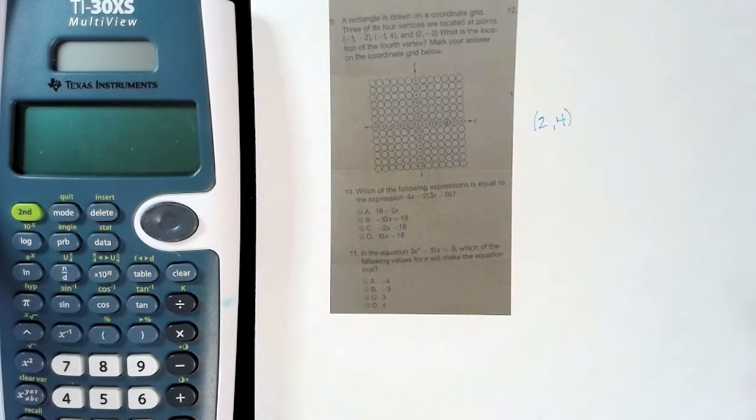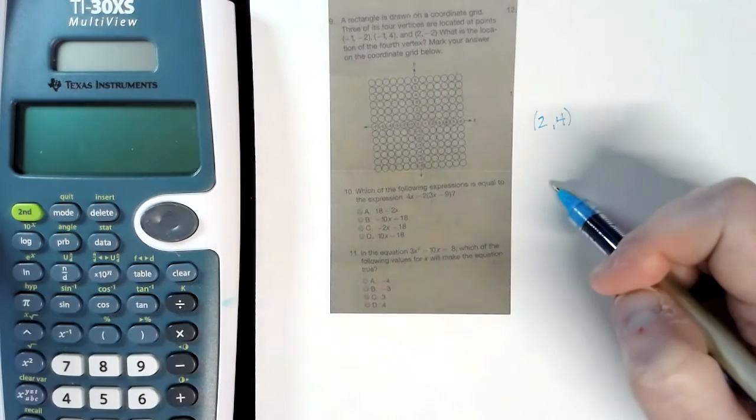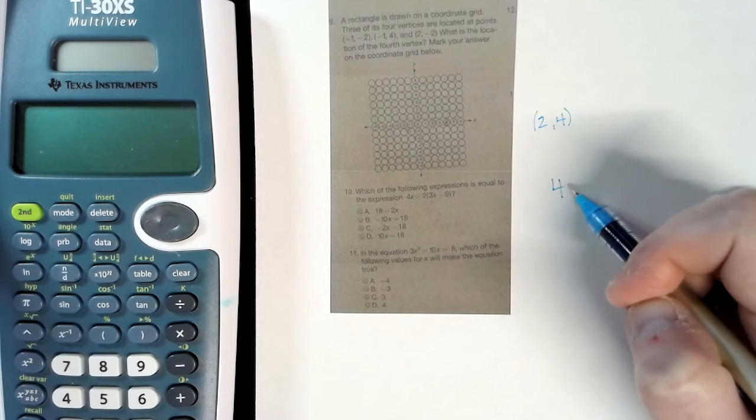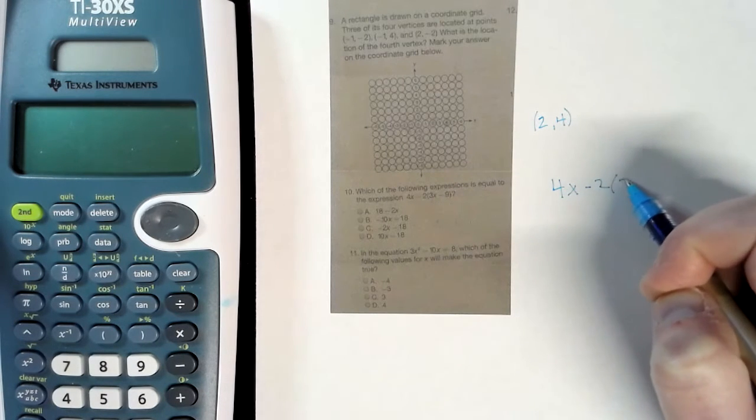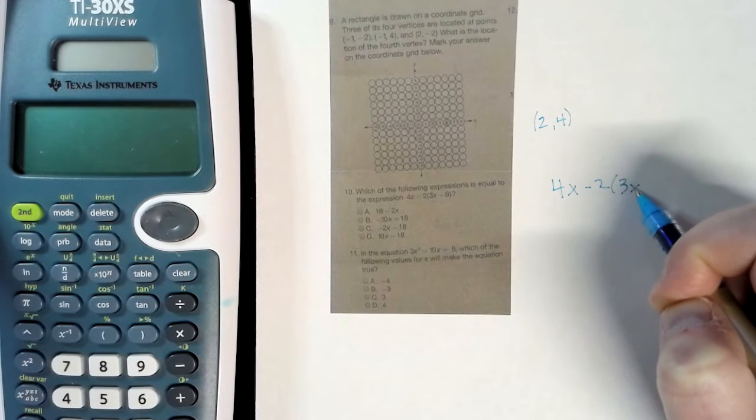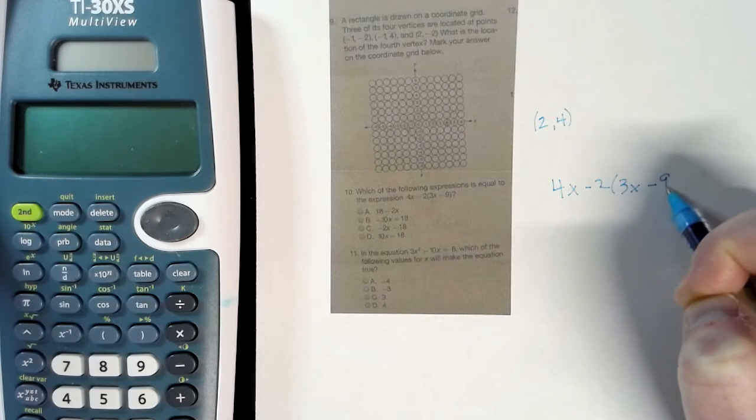All right, which of the following expressions is equal to 4x minus 2 times 3x minus 9? I'm gonna make that larger because it's really hard to see. 4x minus 2 times 3x minus 9.